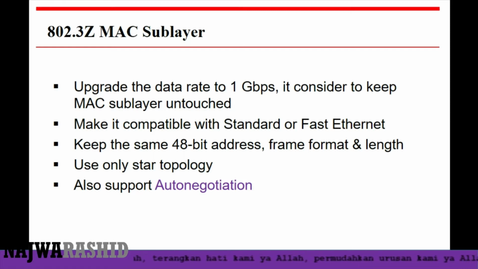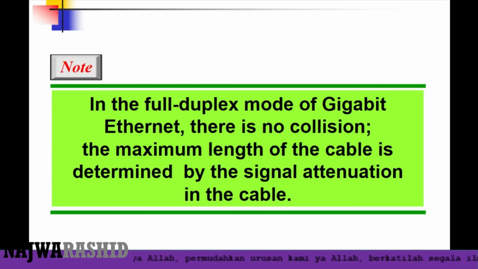Similar to the Fast Ethernet, it uses only the star topology. In the Standard Ethernet we still have the bus topology, but in the 1 Gigabit Ethernet, we only use the star topology, similar to the Fast Ethernet, and it also supports auto negotiation like the Fast Ethernet.